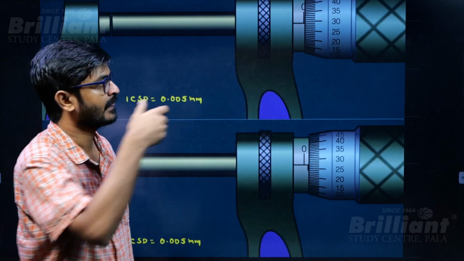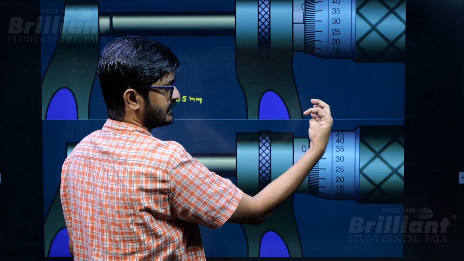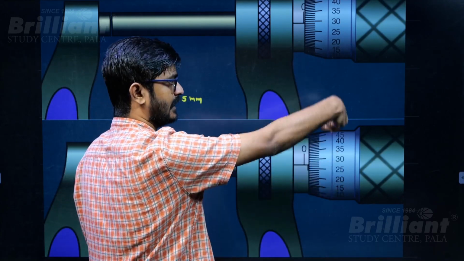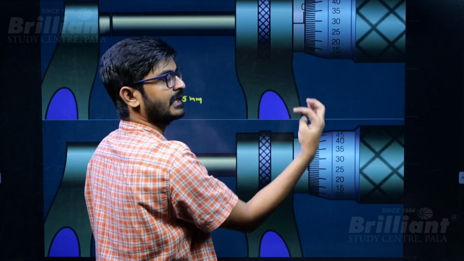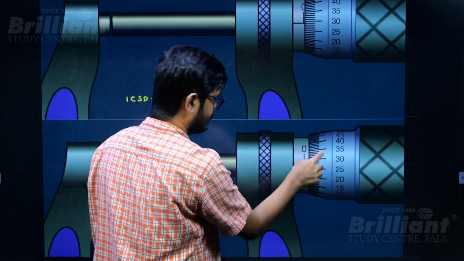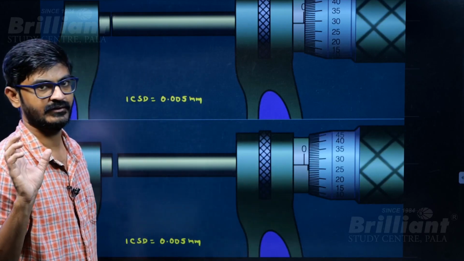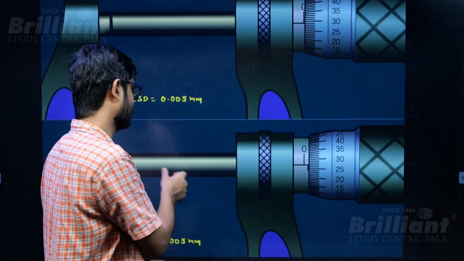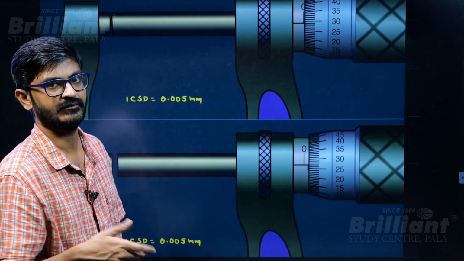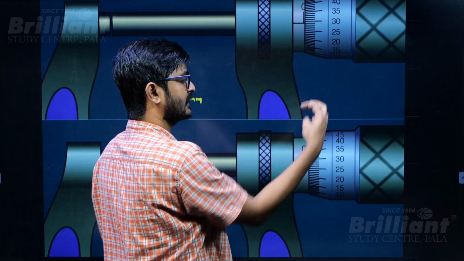The other way of saying it is, when you rotate it by one full circular scale, that is 100 circular scale divisions, this will be moving by one main scale division, which is 0.5 mm, or it will be moving by some distance which is called the pitch. Pitch here is 0.5 mm. So for one full circle, it is moving by 0.5 mm. One full circle consists of 100 circular scale divisions.